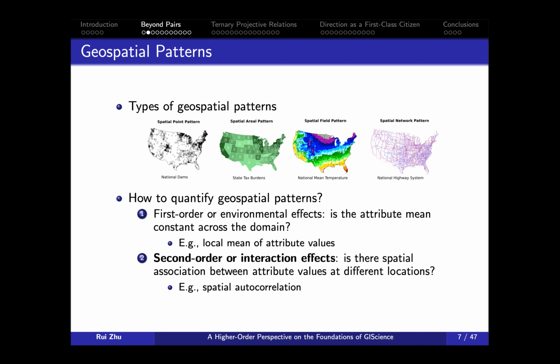No matter whether it is to quantify point pattern, spatial area pattern, field, or networks, we basically have two types of spatial measures. For the first order, or what we call the environmental effect, its statistics check whether there is a constant mean across the domain. For the second order, or what we call the interaction effect, we ask whether there are spatial associations or autocorrelations at different locations.